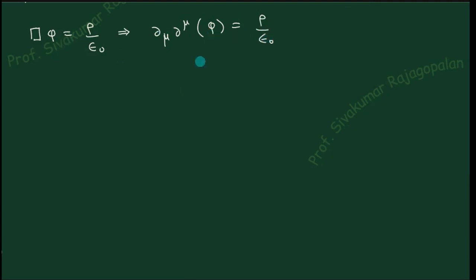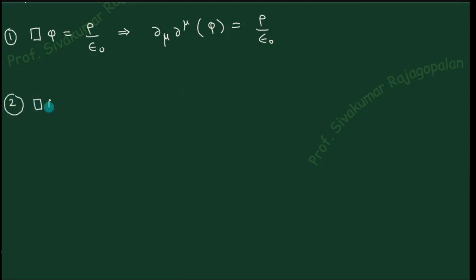Now comes the question that you have to identify the space component and the time component, or we say the zeroth component and the remaining. Here only you have to think, or you have to make some adjustment. Let me write down the second equation also, then it will be clear.